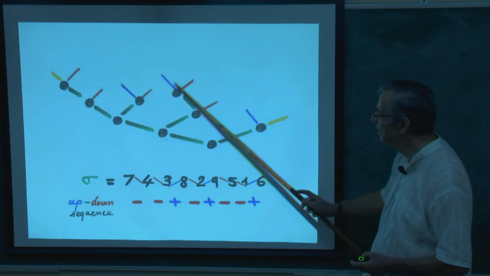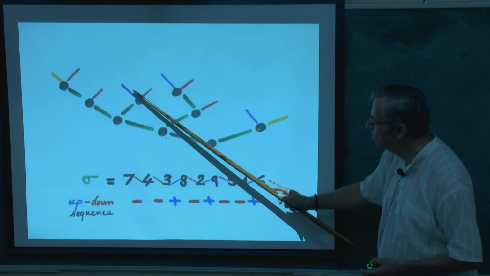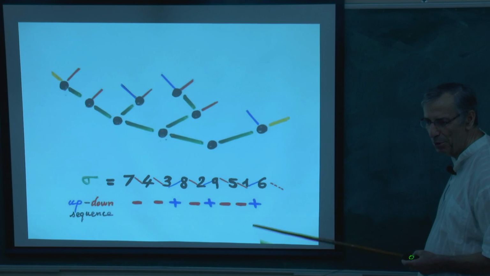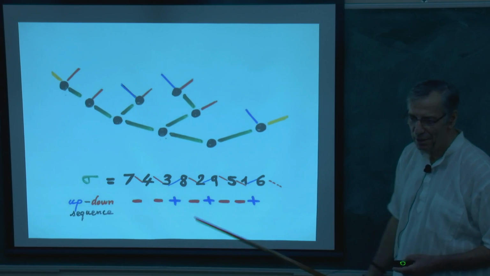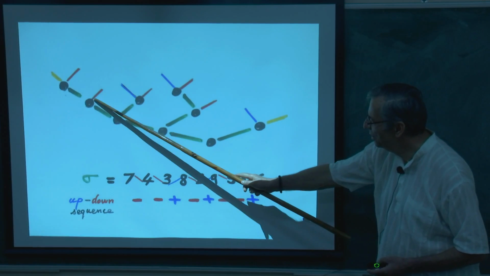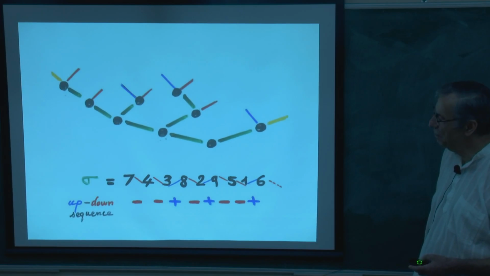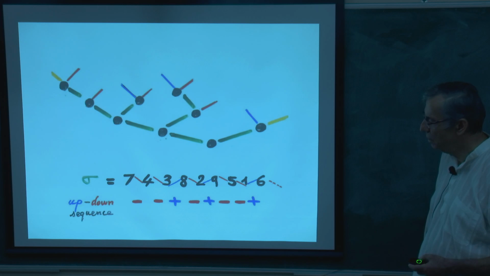You take these external edges and you look: red, blue, red, blue. So you get exactly the same word. This is the up-down sequence, this is the canopy, and they are the same word if you replace the red edges by a minus, which is a descent in the permutation. So it's a nice compatibility.